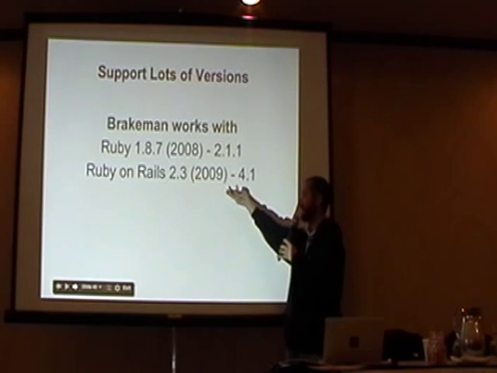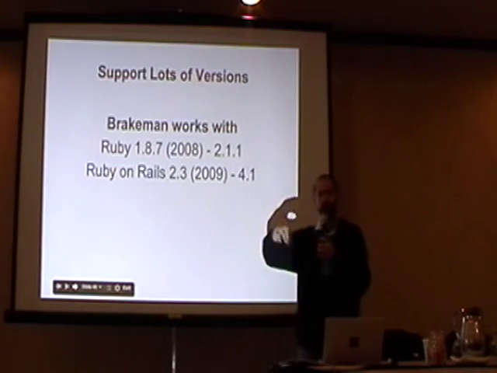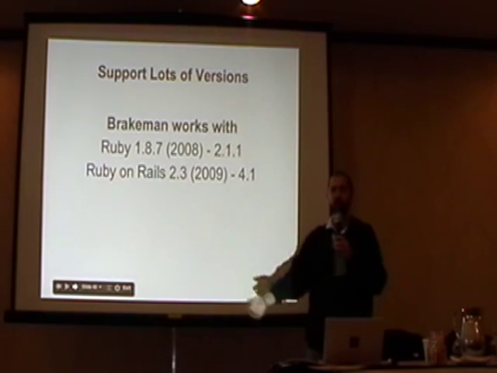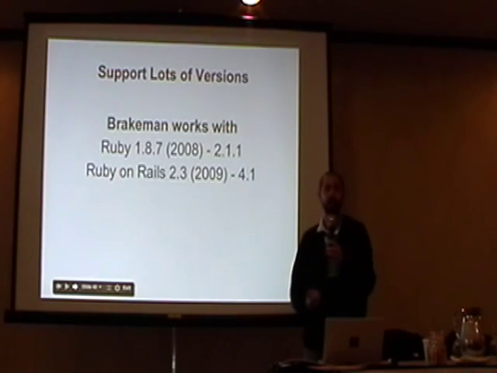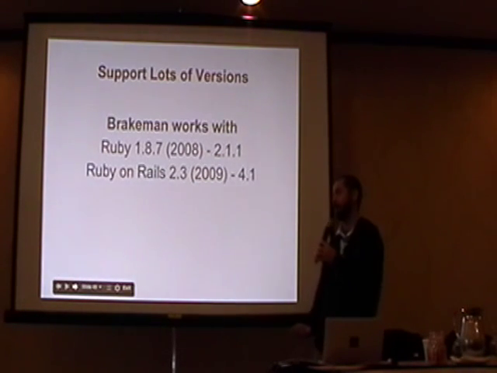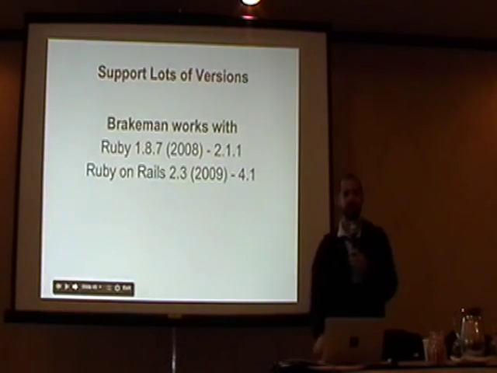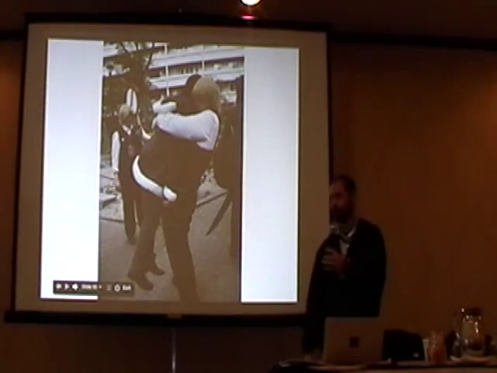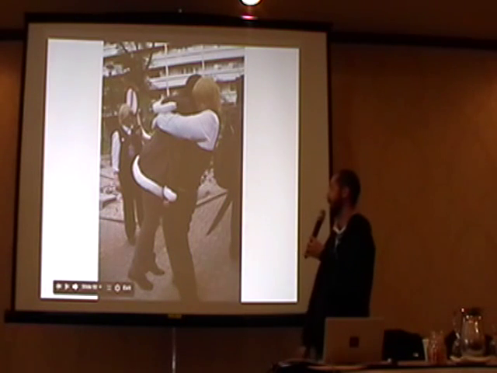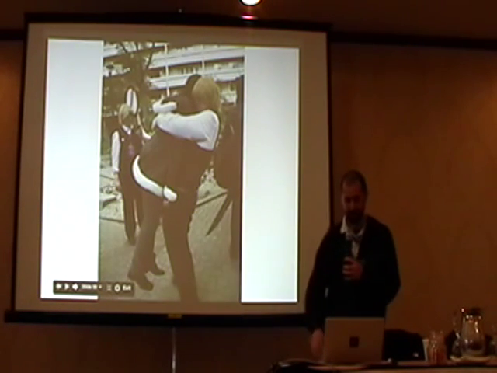That was 2009, right? So if you want someone to use your tool, support everything, right? Because otherwise, people are gonna want to use your tool, and they're not gonna be able to. But if they're like, oh man, I have this legacy app from years ago, can I use your tool? And you're like, yeah, of course you can, they're gonna love you. I assume this is love and not anger. Right.